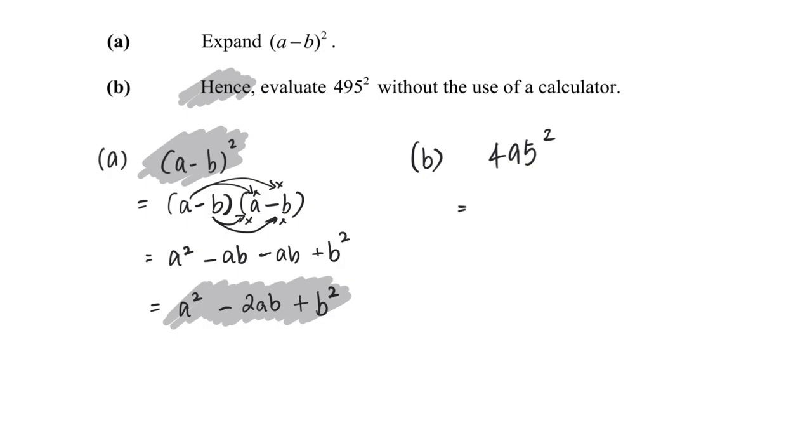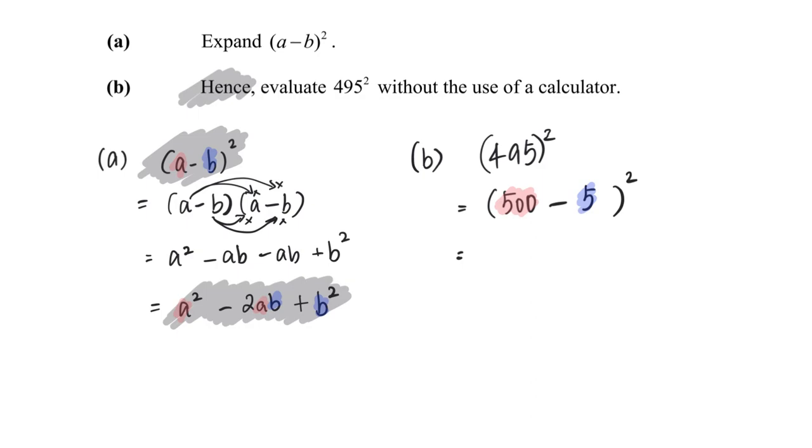And I'm going to make it such that I get something minus something square, where the something and minus something still give me back my 495. I'm going to choose 500 minus 5. And thereafter, now I know that my 500 will be my a. 5 will be my b, which I can then apply into this formula.